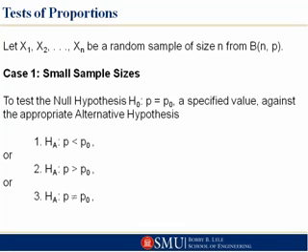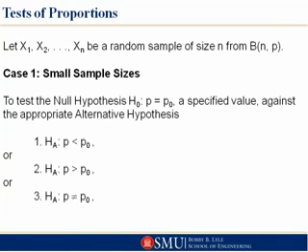Well, the null hypothesis is that the true probability of success p is equal to some specified value, against an alternative hypothesis. And this is just like I had a moment ago. The true proportion is less than this specified value. That could be one alternative. That could be your alternative that you're testing against.